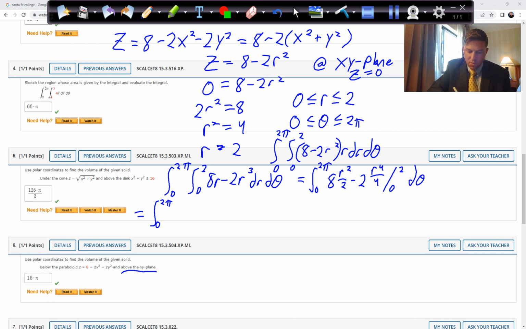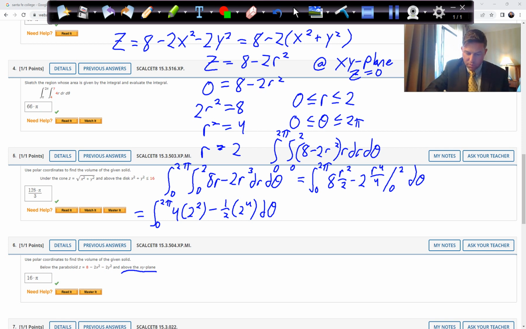This is really 4 times r squared, which is 2 squared, minus 1/2 times 2 to the 4th, and the 0 again won't affect anything, so we don't have to plug it in. And if you do this math here, you should get 8.